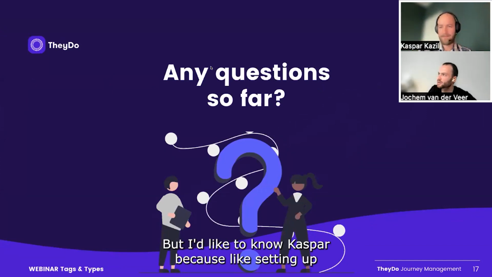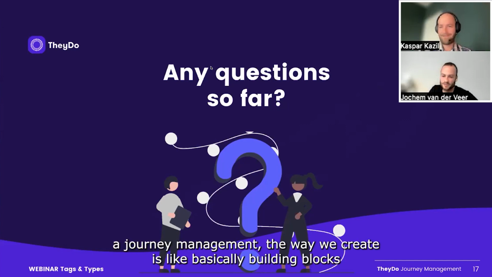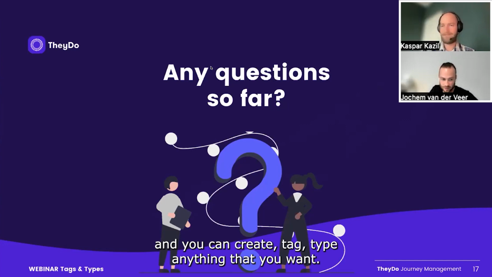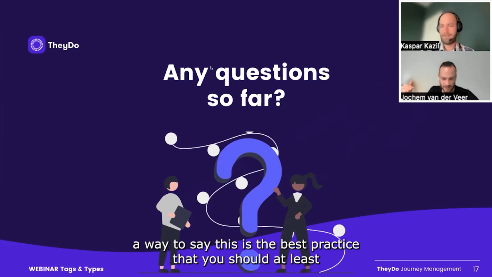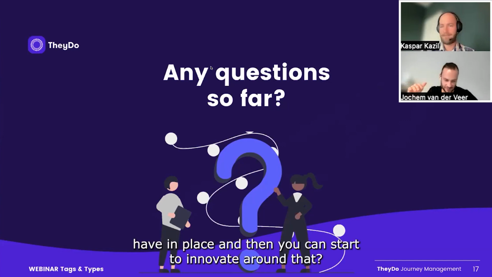But I'd like to know, Kaspar, because setting up journey management, the way we create it is basically building blocks, and you can create tag types of anything that you want. Is there also a way to say, this is the best practice that you should at least have in place, and then you can start to innovate around that?